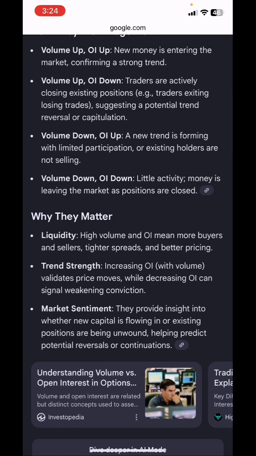Volume down and open interest down, it's little activity. Money is leaving the market as positions are closed. And that still shows a strong trend. We'll see that in a minute.